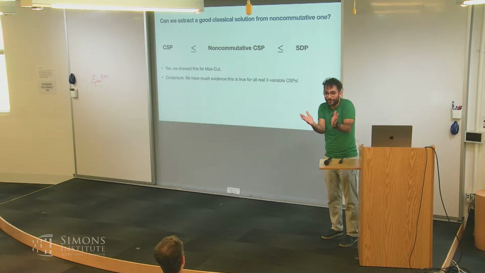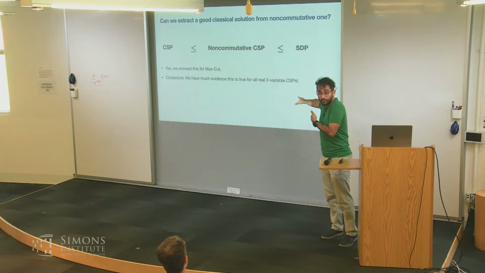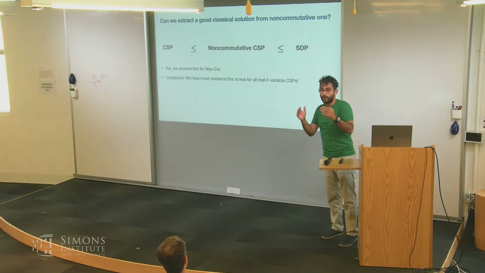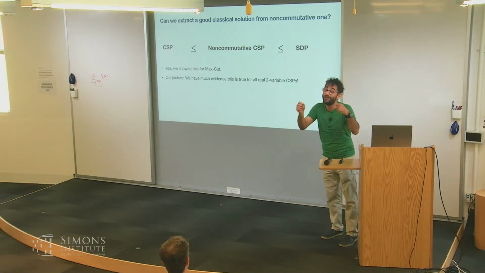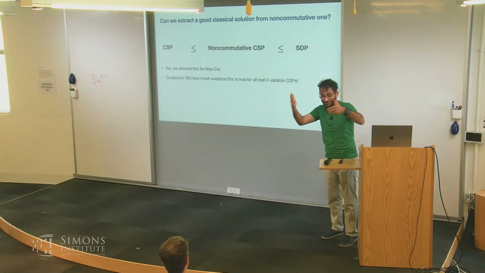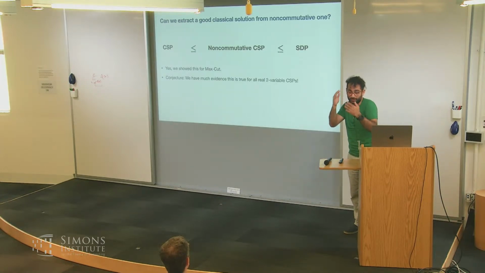For computer scientists, it's multi-prover interactive proofs. So the value of these non-commutative problems would tell you the success probability of the provers in a multi-prover interactive proof where the provers are allowed to be quantum. Does that make sense? Classically, it would match the provers where we restrict them to be classical provers.